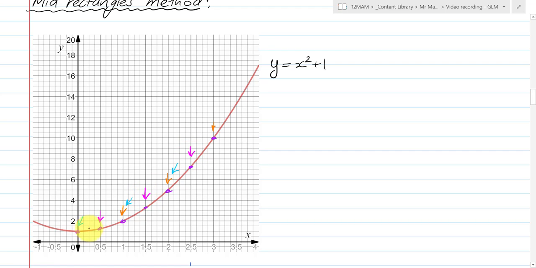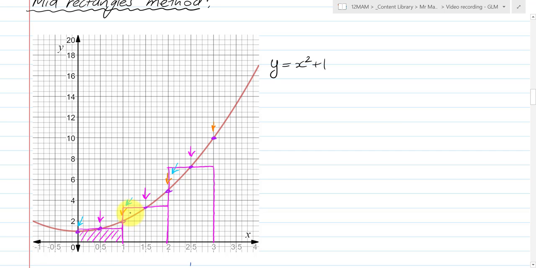So in pink, that would mean that this comes across to here, and then it goes up to here, and then it goes up to here. Now I don't want to ruin the surprise, but whilst this is a lot better, it's still not the best by a fairly long shot. So that's why it doesn't really get dabbled with too much.